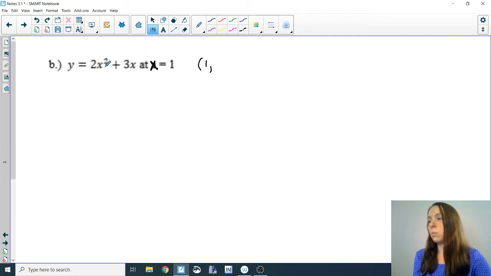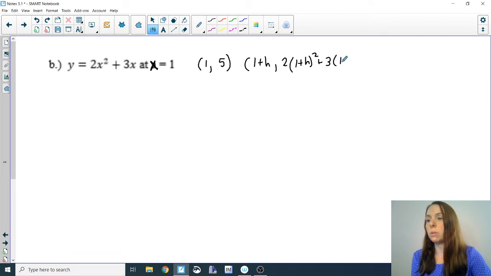Let's see, 1 squared times 2 plus 3 times 1. 5 is the y coordinate, right? Filling 1 in here. And then remember, right here, it's just 1 plus h, comma. Take that 1 plus h, and you're going to replace the x's with 1 plus h to get your y coordinate. So it is 2 quantity 1 plus h squared plus 3 quantity 1 plus h.